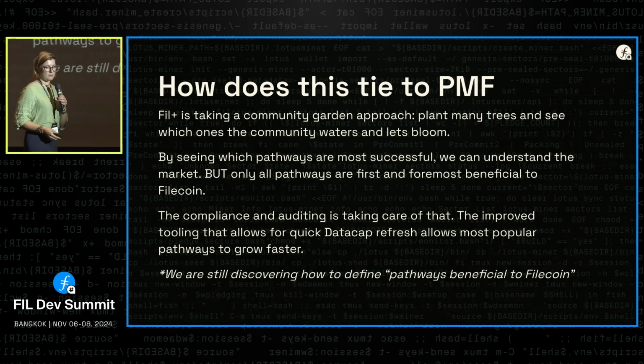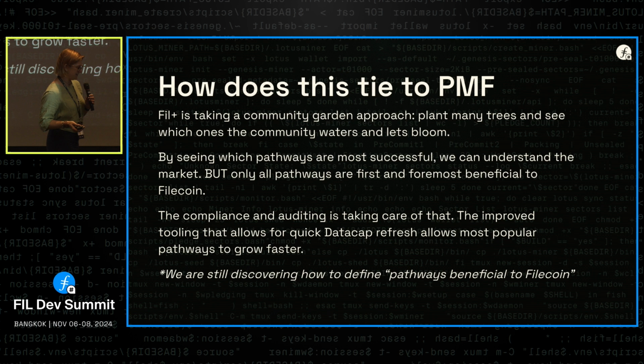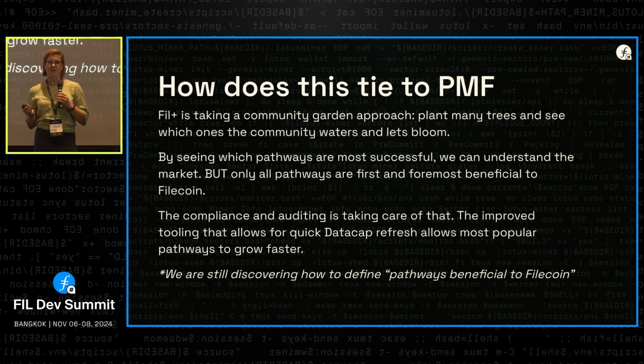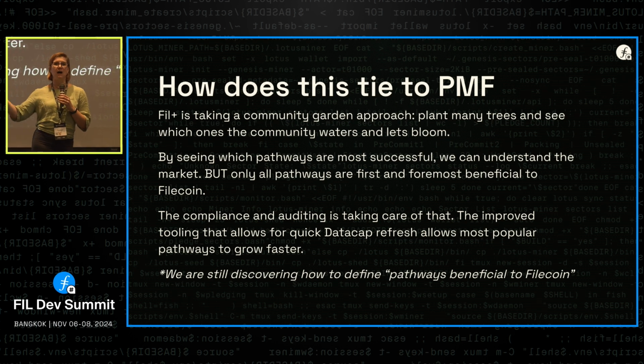So how does this all tie to PMF? We are in Fil Plus, and I think I just came up with this analogy, and I hope it will work for everyone. I think we are taking a community garden approach. We let the community, in this case allocators, plant many trees and say, this is my concept of how data cap allocations should be done.